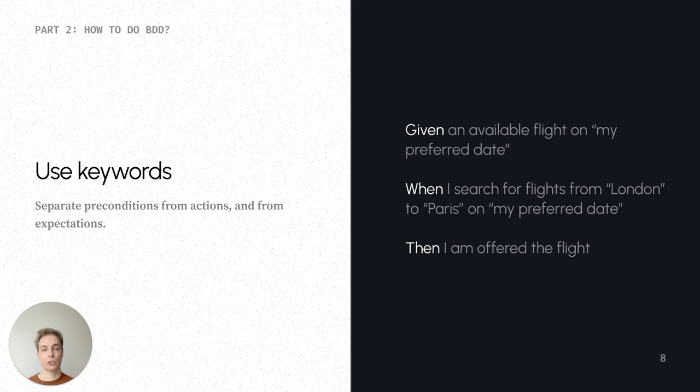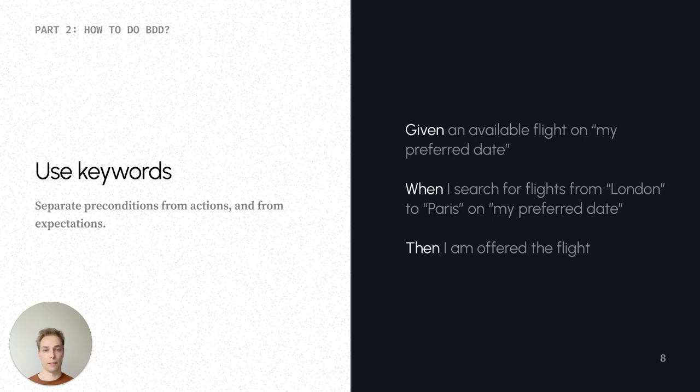BDD suggests using keywords that structure our specifications. We use the given keyword to specify all preconditions for our software. Here we describe, for example, that some data should be available when the software runs. We use the when keyword to describe actions users take with our software.